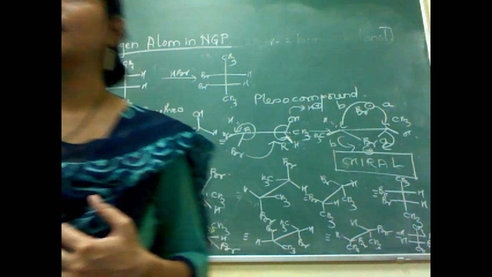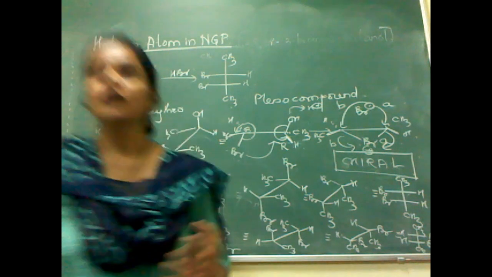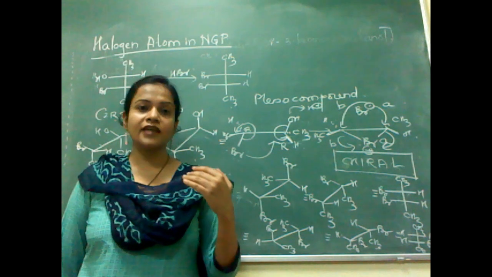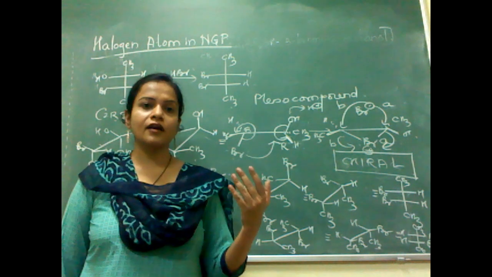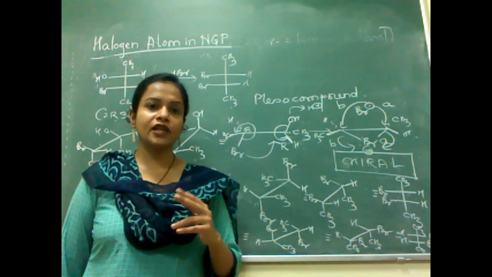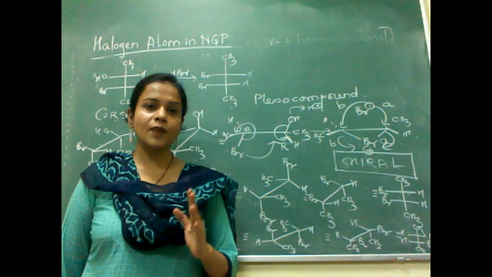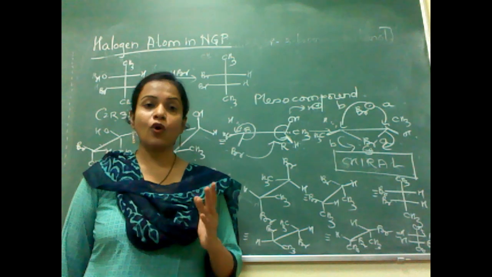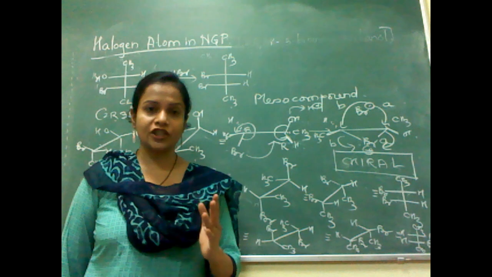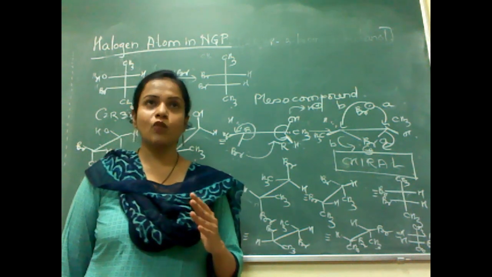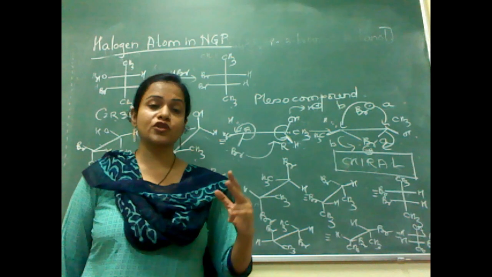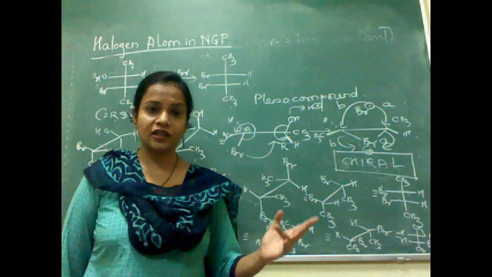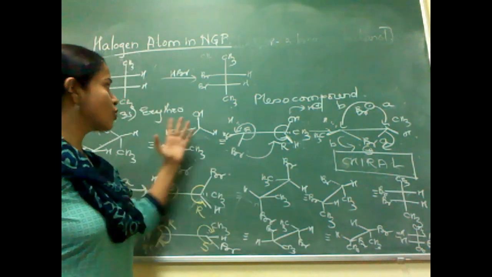So from this particular neighboring group, we can summarize it like this. Neighboring group participation occurs when the groups are adjacent to each other and obey anti-orientation. Then you should also learn what is known as anchimeric assistance, wherein the groups should be anti with respect to each other. Now we have seen two observations.